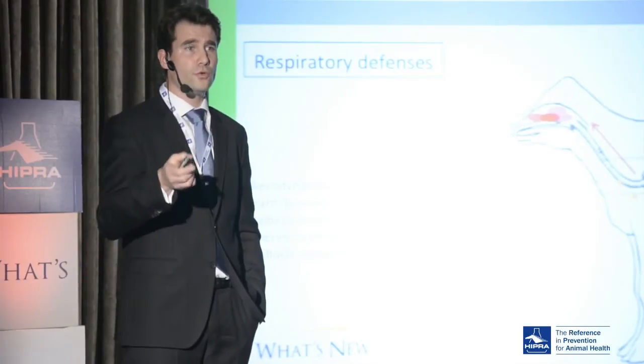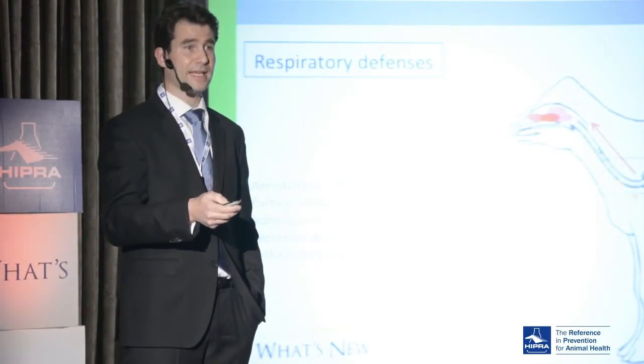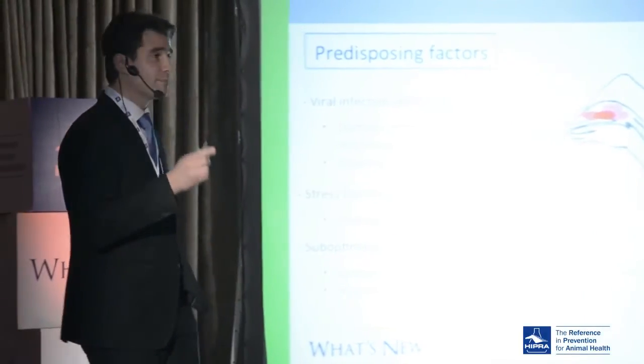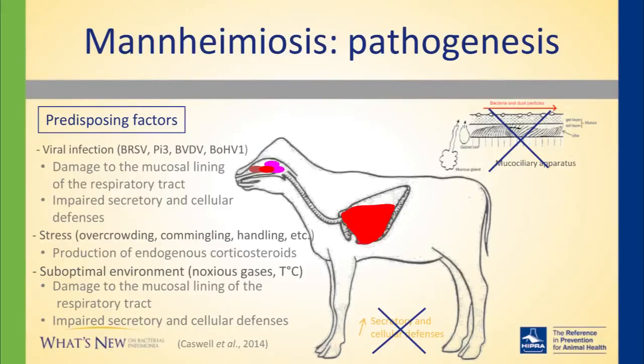So why do cattle get sick? Cattle get sick because of predisposing factors that will knock down those respiratory defenses. For example, viruses are well known for impairing the mucosal lining of the respiratory tract, so impairing the mucociliary apparatus, and those viruses, especially BVD, are well known for impairing the secretory and cellular defenses.